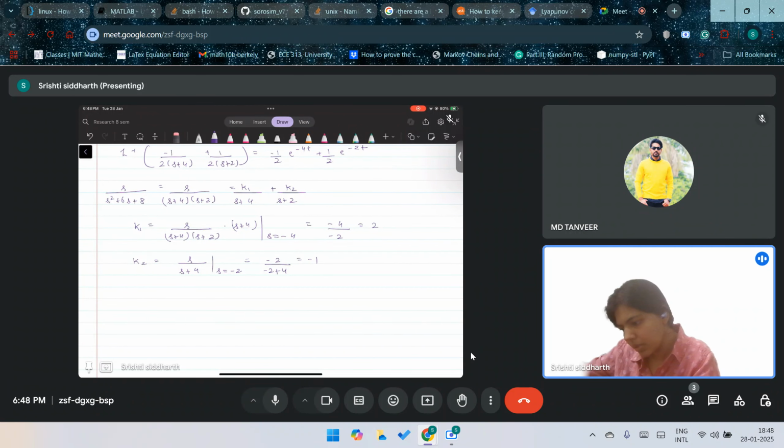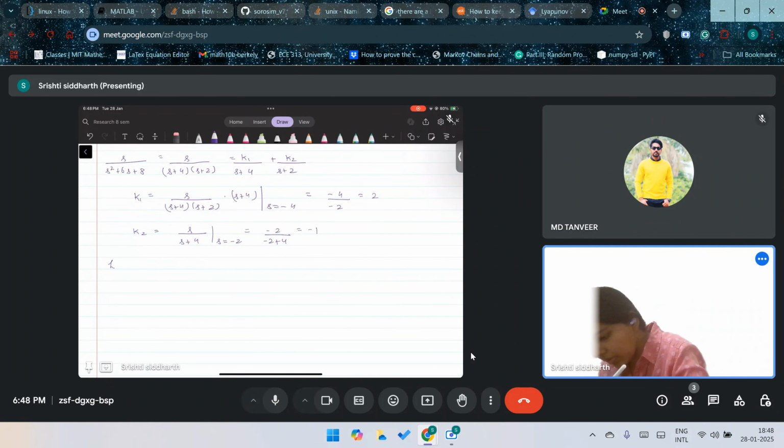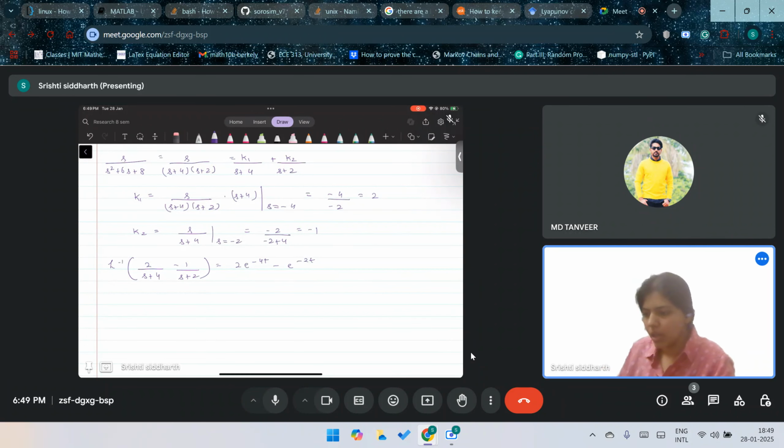So we have the Laplace inverse of 2 over s plus 4 minus 1 over s plus 2. Alright. So this is 2 e to the power minus 4t minus e to the power minus 2t.